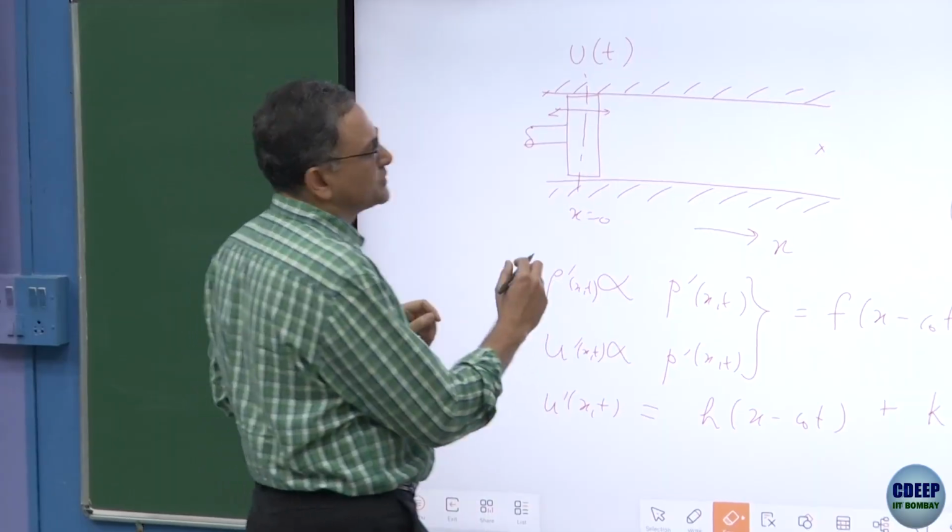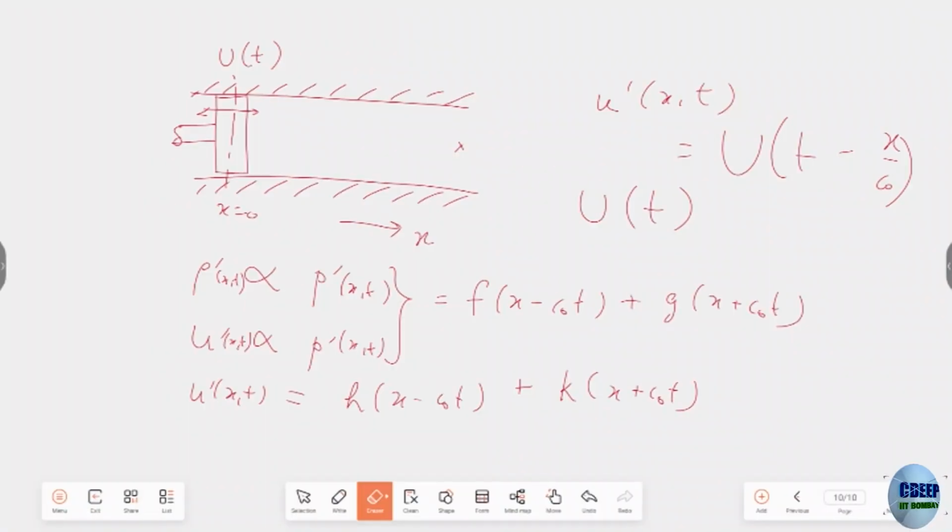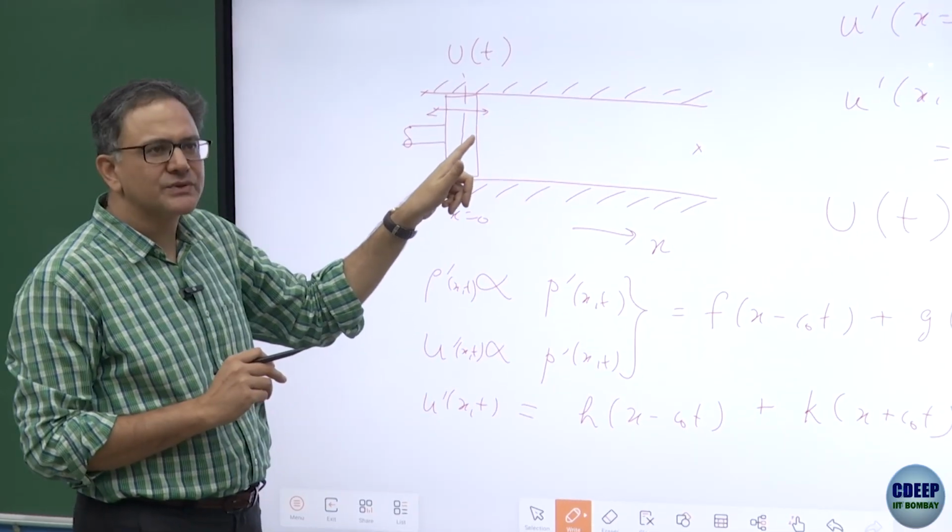So if the displacement is insignificant relative to the wavelength, then we can ignore that displacement and assume that u prime, the particle velocity at x equal to 0 and at time t, is given by the piston velocity. Again these are little niggling things that you do, which is all okay in the bigger picture of modeling. You assign the particle velocity at x equal to 0, although this face is not at x equal to 0 all the time.